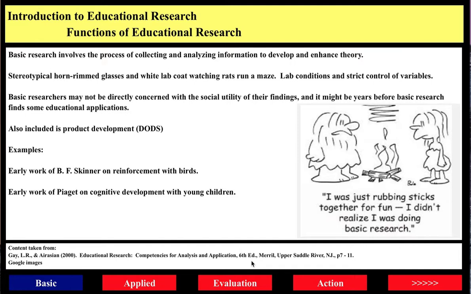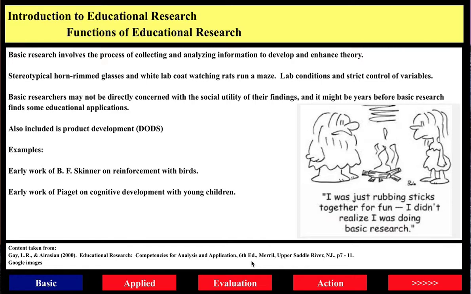Basic research involves the process of collecting and analyzing information to develop and to create theories or to enhance theories, to expand on theories. And it's your sort of stereotypical horn-rimmed glasses, white lab coat scientists in a lab watching rats run around mazes and things like that.